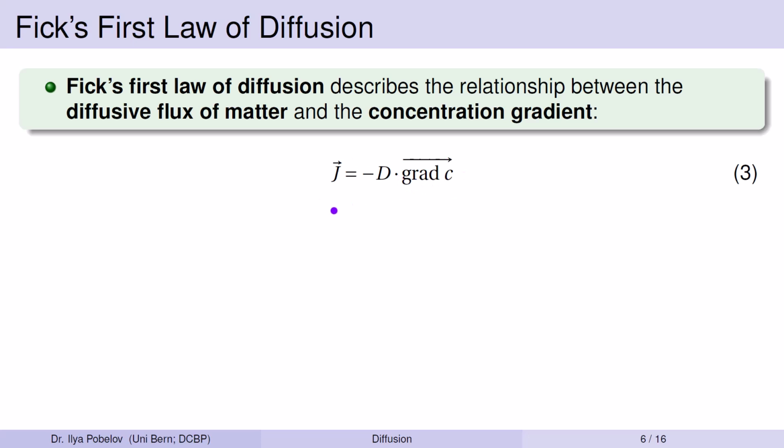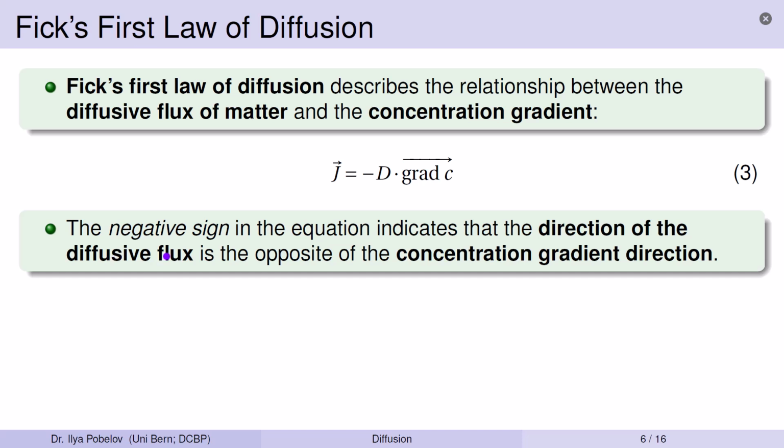This law, as expressed by this equation, states two relationships. First, the negative sign in the equation indicates mathematically that the direction of the diffusing flux is the opposite of the concentration gradient direction.